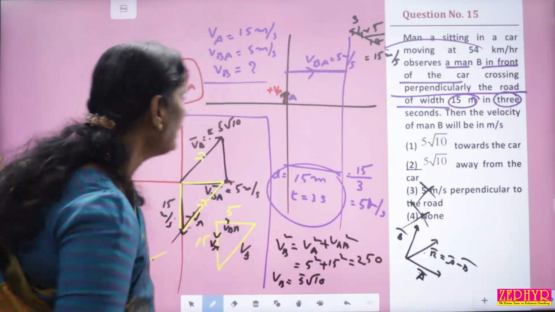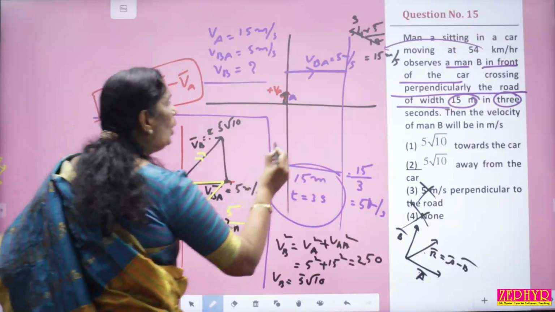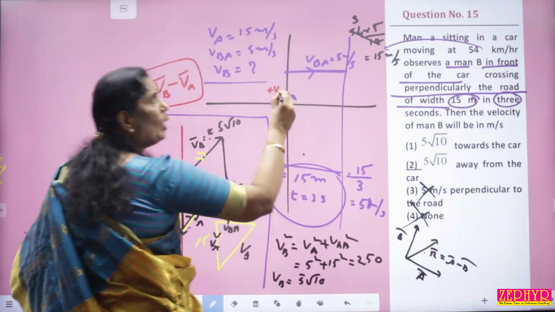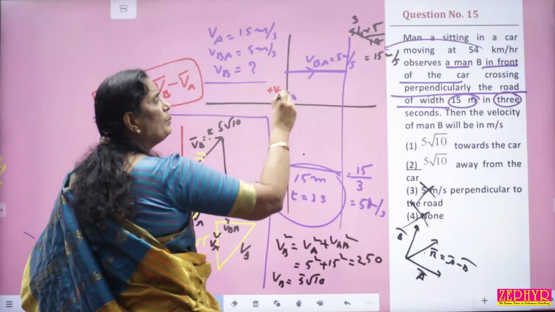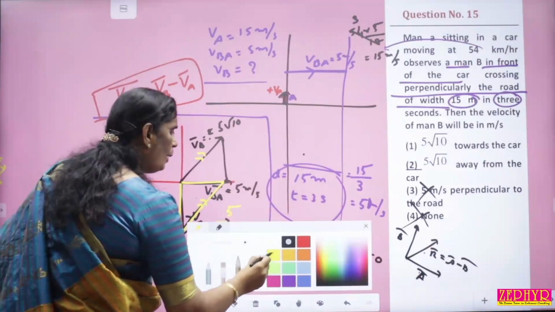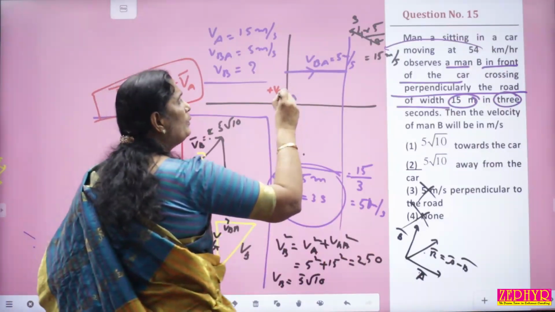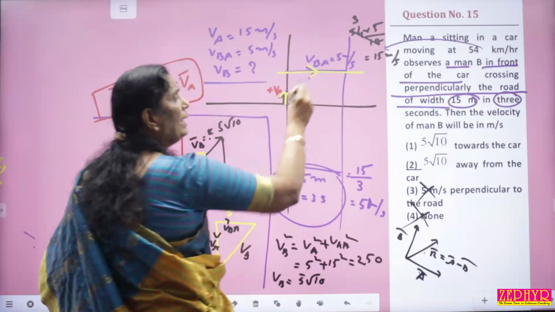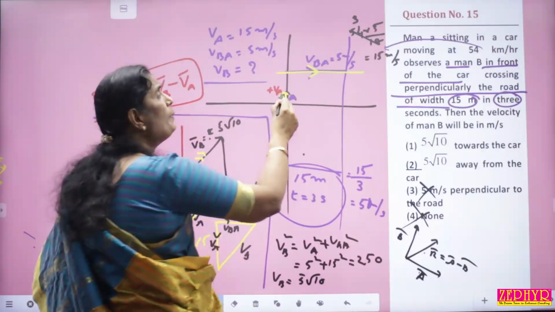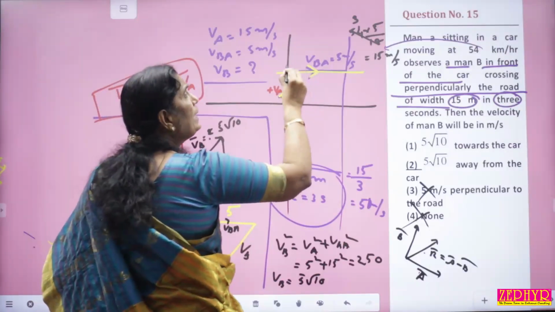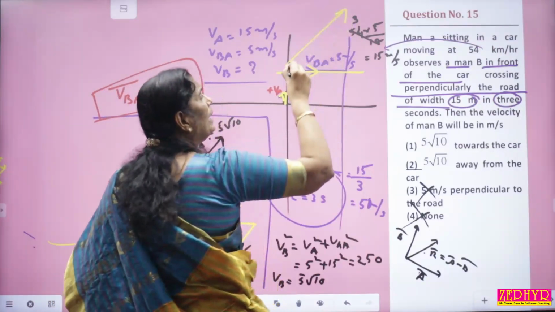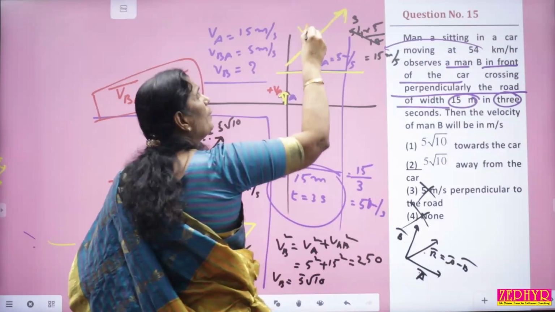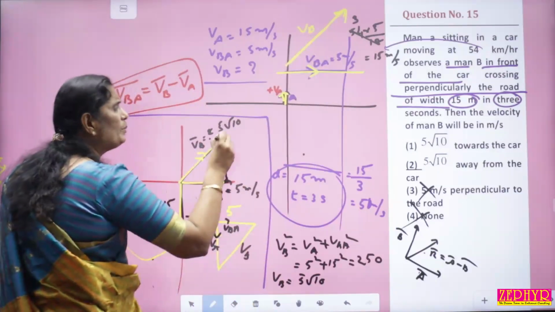So our A, again go back to the original figure. Our A is moving in this way. Go back to the first figure. Our A is moving in this way, but he feels that B is moving in this way. This is one of the sides of the parallelogram. This is the diagonal. Now B is moving away.